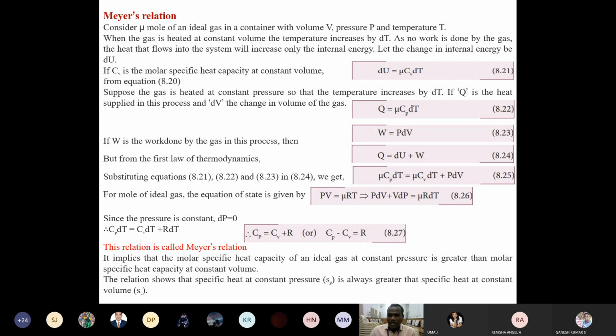We can substitute the value of PdV here. So here we get PdV equal to mu R dT.